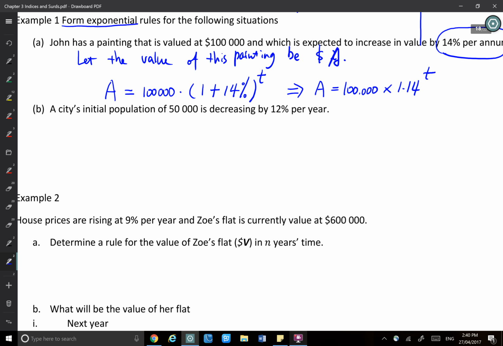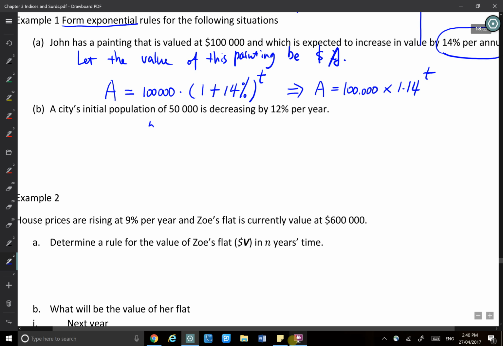A city's initial population of 50,000 is decreasing by 12% per year. Let's say the population is P. P equals that value times decrease by 12% per year. It's a decreasing value, so it's 1 minus 12% to the power of t.